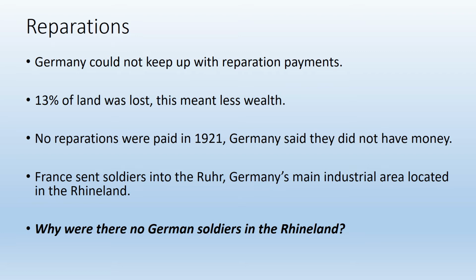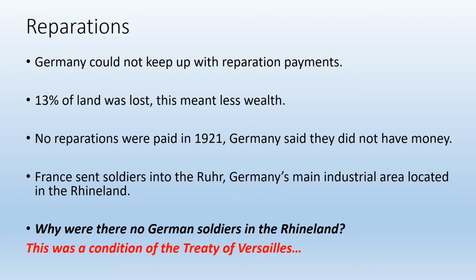To try and reclaim some of the money that was owed under the Treaty of Versailles, France sent soldiers into the Ruhr, and this was Germany's main industrial area, so where all the factories were. A lot of times students say, well, why didn't the German soldiers just fight back? Well, they weren't allowed to be in the Rhineland. This was a condition of the Treaty of Versailles that the Rhineland was to become what we call a demilitarized zone, meaning you can't have soldiers there.